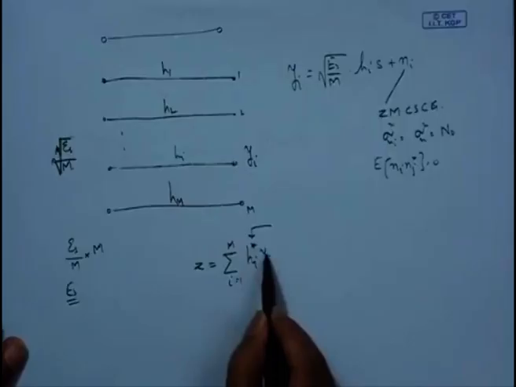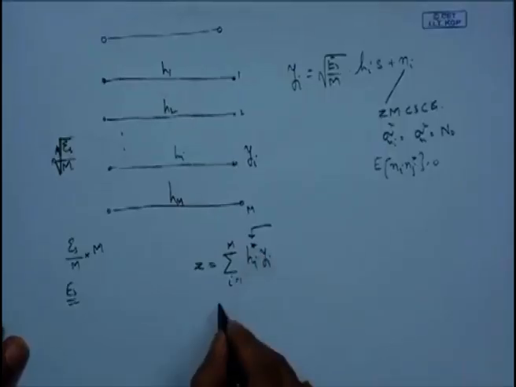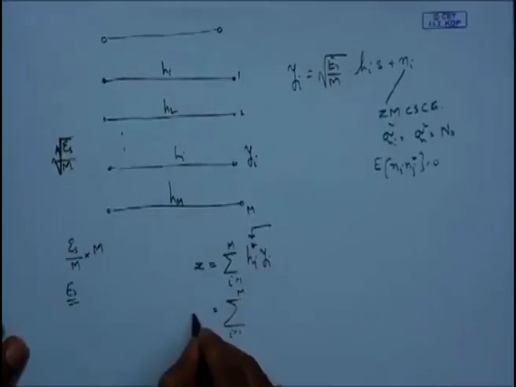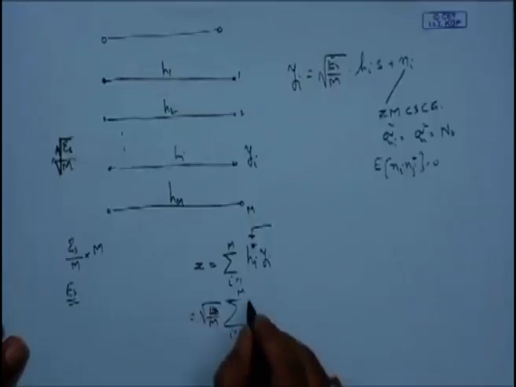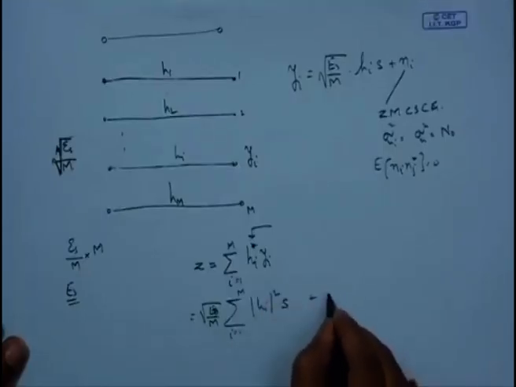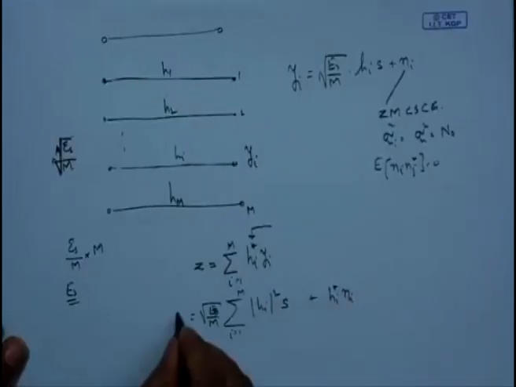I take the conjugate, multiply by yi, and I get it. If you expand this expression, you're going to get the sum from i equals 1 to M, of root over Es upon M, mod hi squared s plus hi conjugate ni. This is the expression you're going to get.